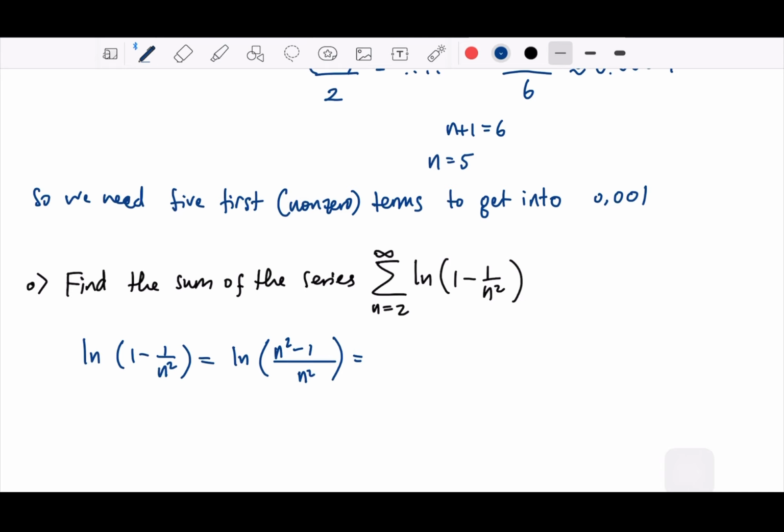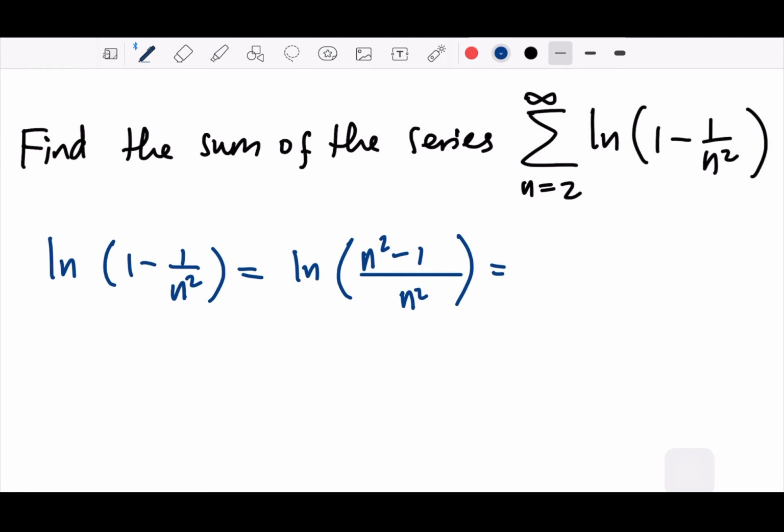And then perhaps, because this is quadratic, okay, it is squared, perhaps we can factor n squared minus 1. So let's factor it, become n plus 1, n minus 1. Okay, let us try that.